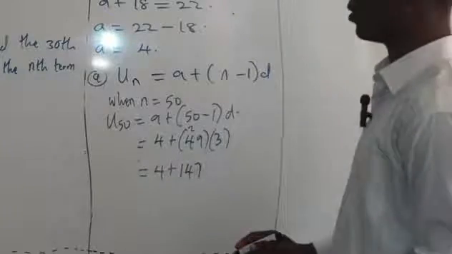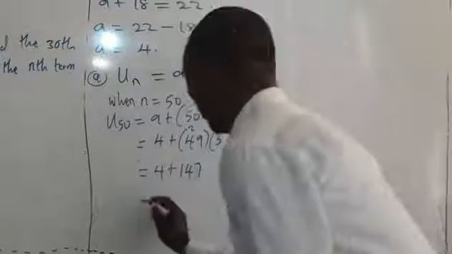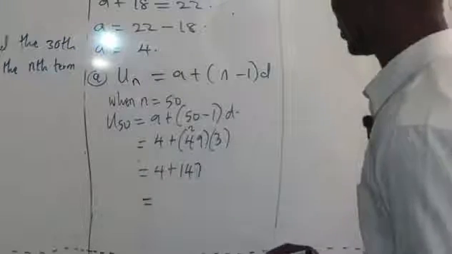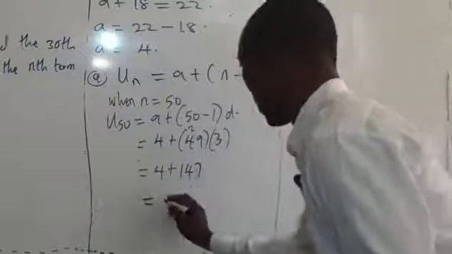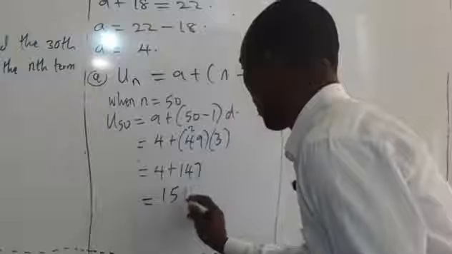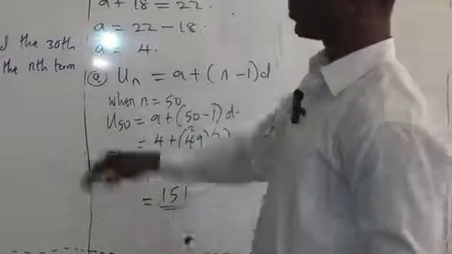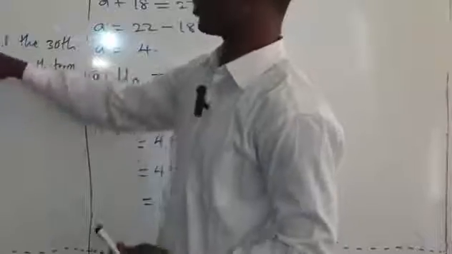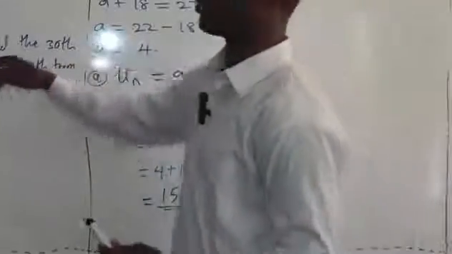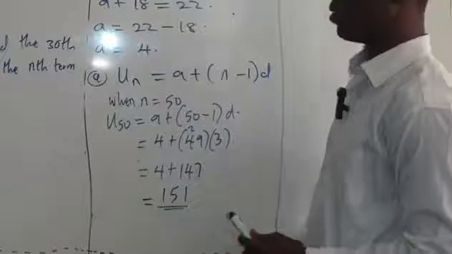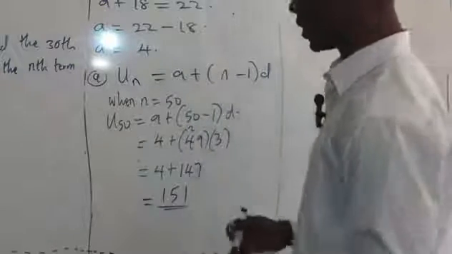That is 147. So 147 plus 4, that is 151. So the 50th term of this AP with the 7th term to be 22 and the 30th term to be 91 is given as 151.